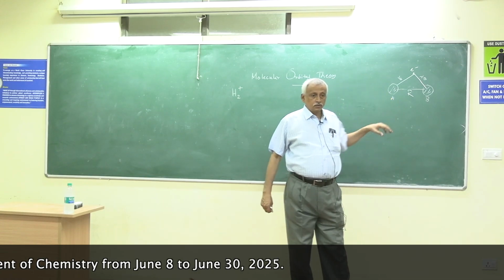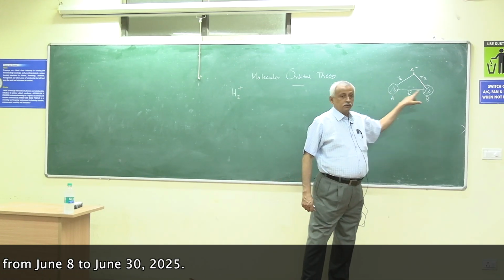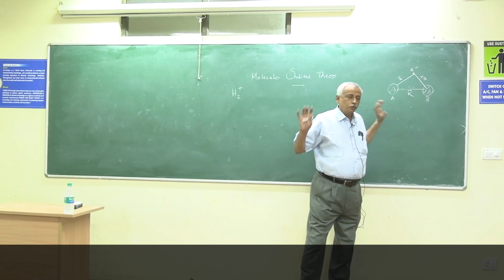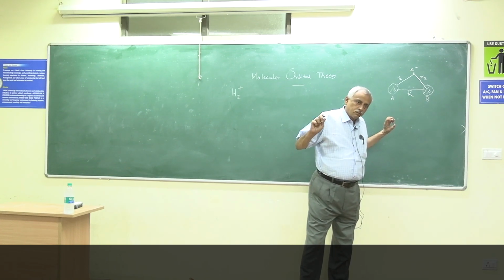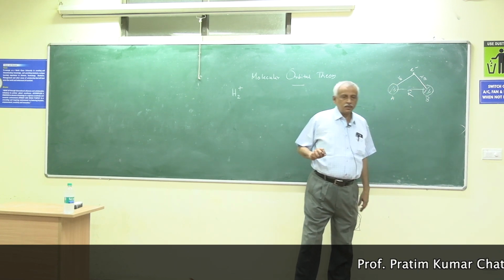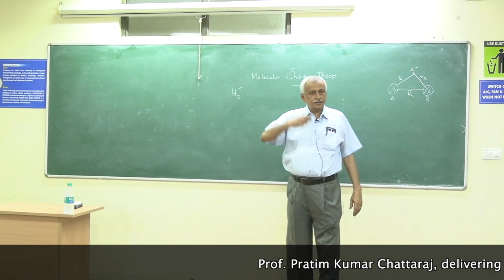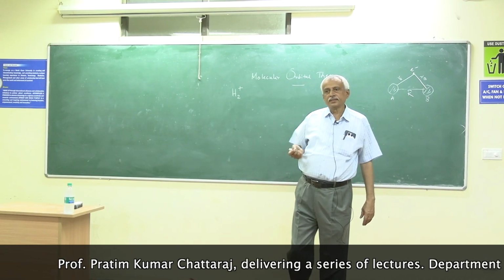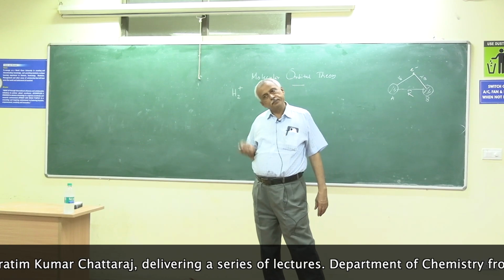So first we freeze the nuclei. Let's say we know capital R, we have frozen. If we know capital R, immediately we can find out what is RA, what is RB, because RA is the distance of that solitary electron from nucleus A, and RB is the distance of that electron from nucleus B.